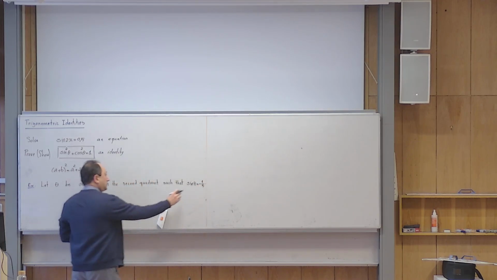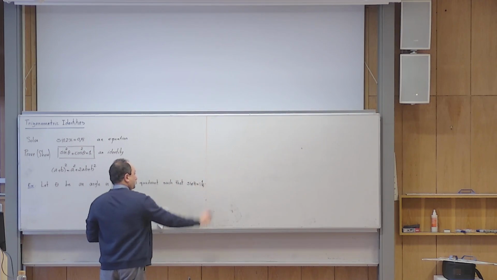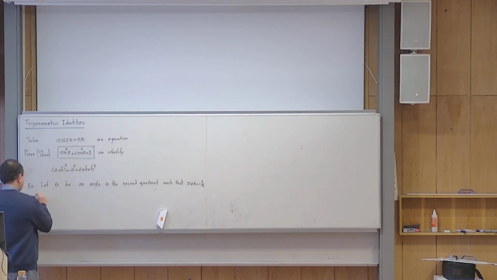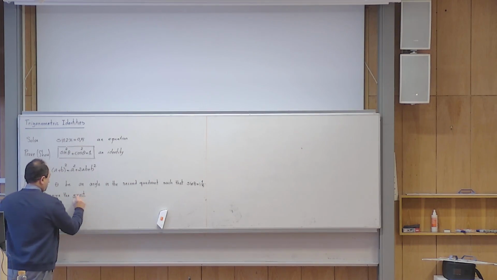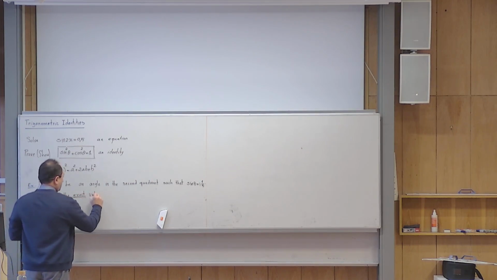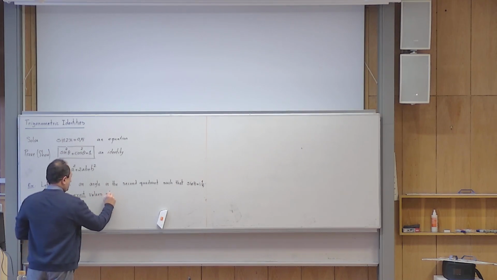Oh, sorry. In the second quadrant, sine cannot be negative. Determine the exact values of cosine theta and tangent theta.